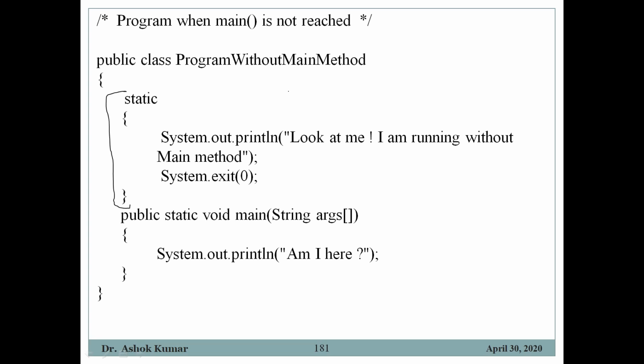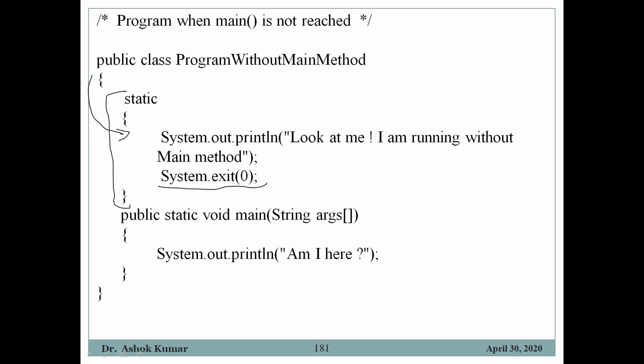When you run this program after compiling it, as we just discussed, first of all, the static block gets executed. It will execute before the execution of the main starts. When Java executes this static block, you will get this message, look at me, I am running without main method. Then the next statement will be executed, System.exit.